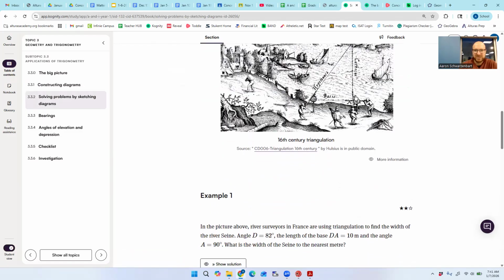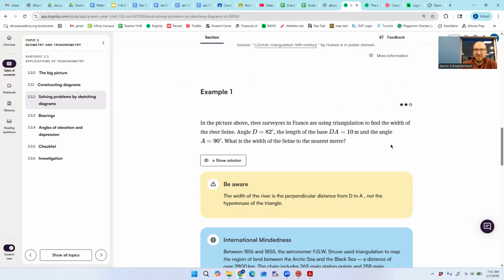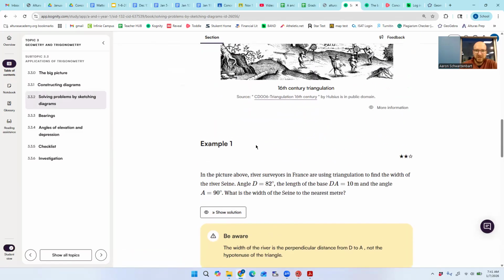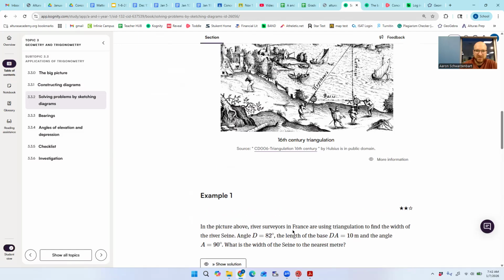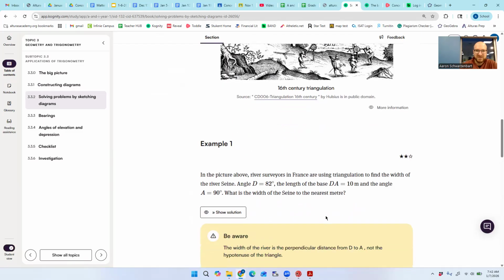So triangulation, this used to be a very common thing. And it's still used by people that do surveying. So in the picture above, the surveyors in France are using triangulation to find the width of the river Seine. I think this goes through Paris.